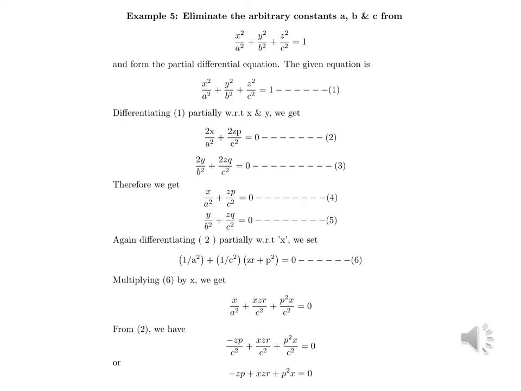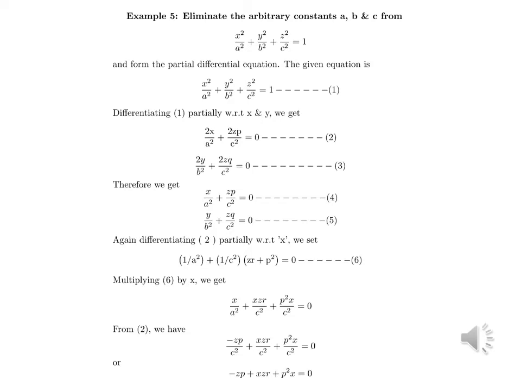Now what we do is we again partially differentiate with respect to x, that is, we will find the second partial derivative, finally to eliminate the arbitrary constants.